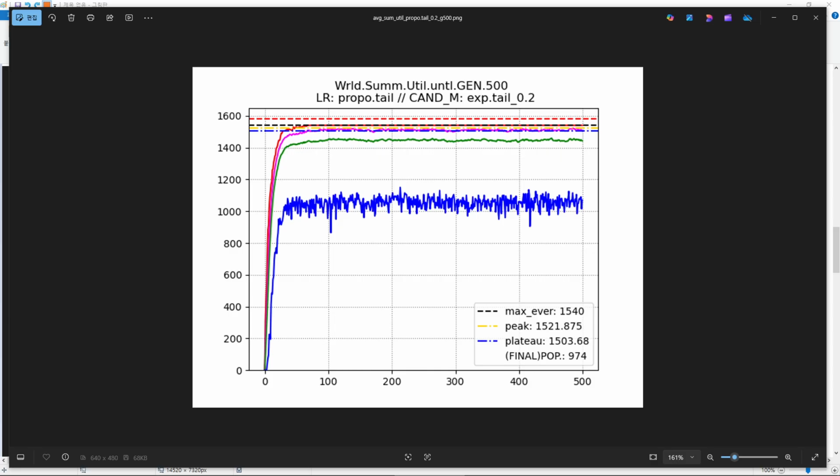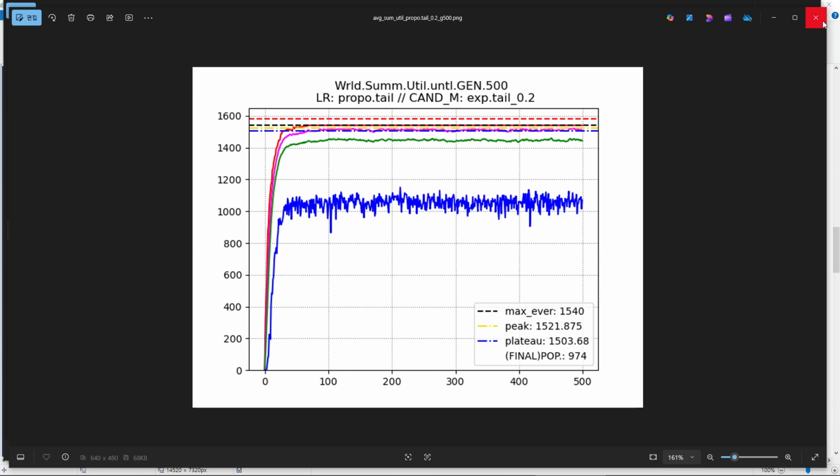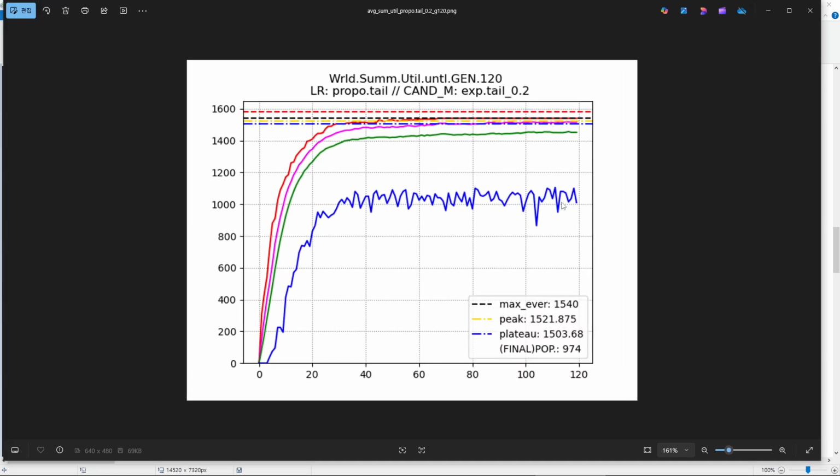This is proper tail. This is it. Yep, here we go. So this is the exact same setting for 500 generations, but only plotted until generation 120, where I do constantly and consistently get the maximum ever at 1540.